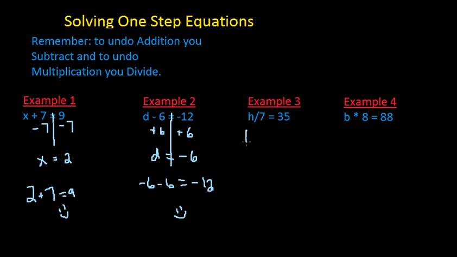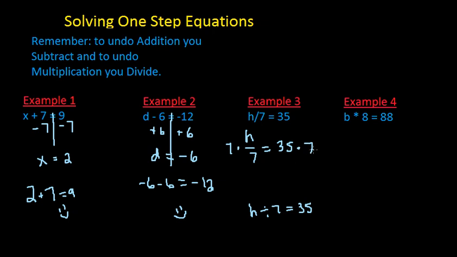Okay, example 3, we have h divided by 7. You might see it as h over 7 like that, or you might see it as h divided by 7. All the same way to write this problem. So h divided by 7 equals 35. The opposite of division we know is multiplying, so we'll go 7 times this side, and then 7 times this side.